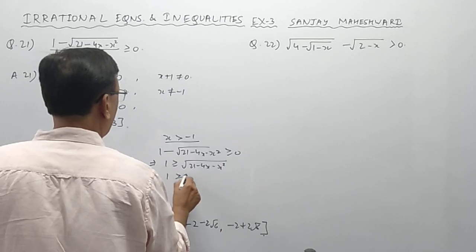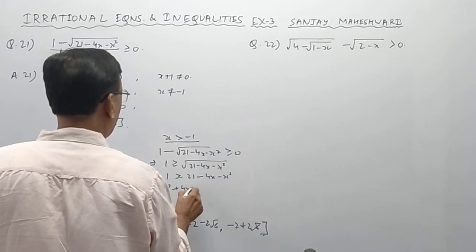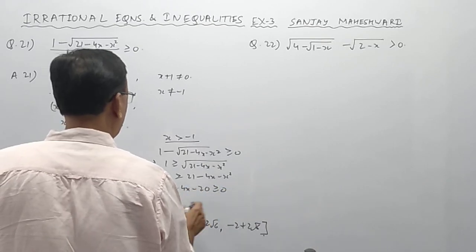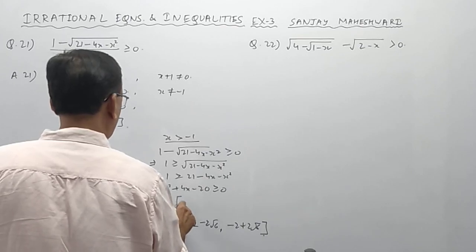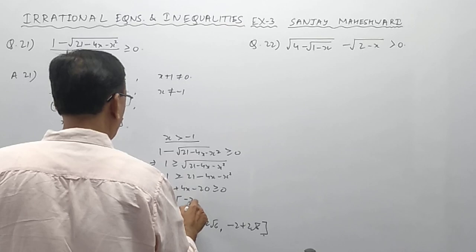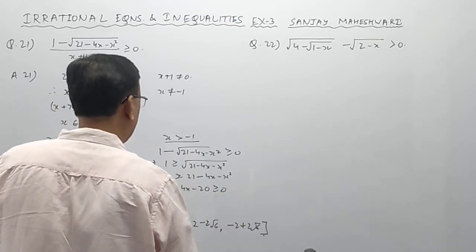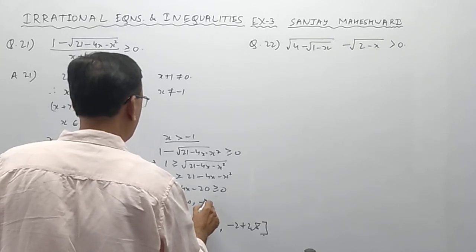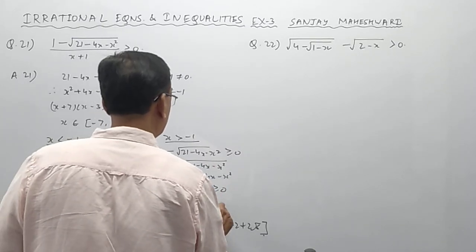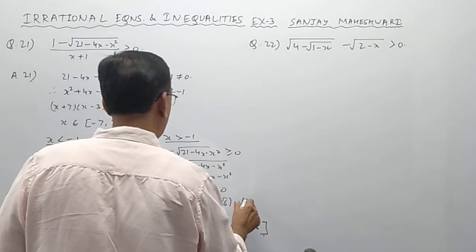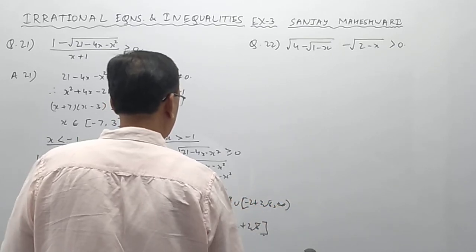So therefore, accordingly now x belongs to minus 2 plus 2 root 6. x belongs to minus infinity to minus 2 minus 2 root 6, union minus 2 plus 2 root 6 comma infinity. This will be a closed bracket.